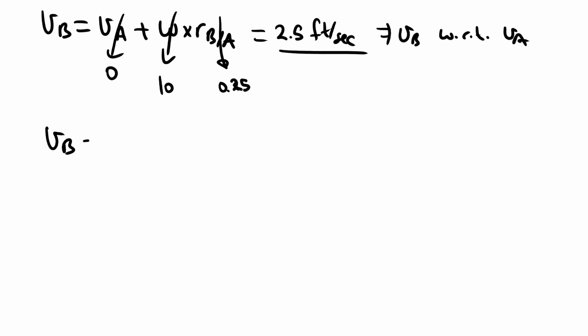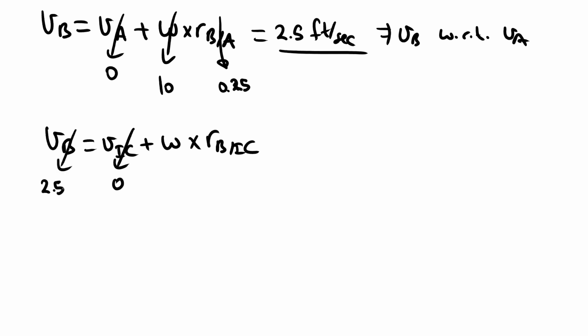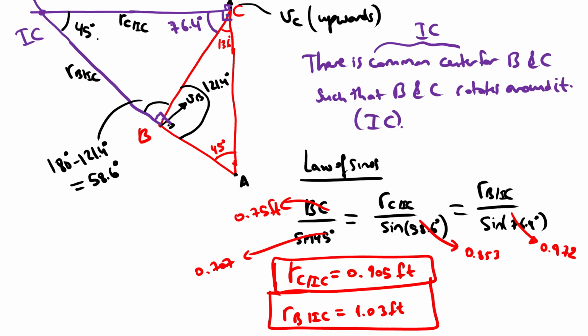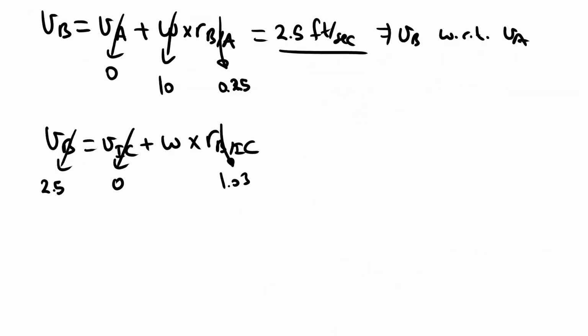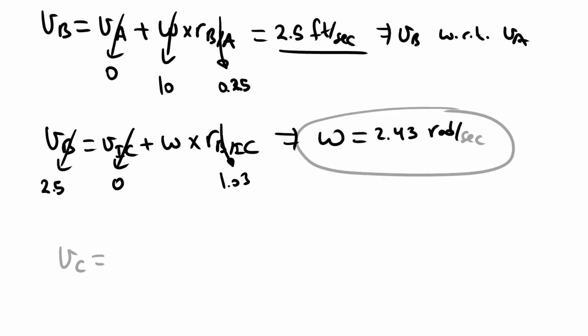I can find the velocity of B with respect to IC as well. That will be the velocity of IC plus omega into RBIC. The velocity of IC is 0, it doesn't move, and the velocity of B is 2.5. RBIC I just found, it is 1.03. From here I can find that omega is equal to 2.43 radians per second.